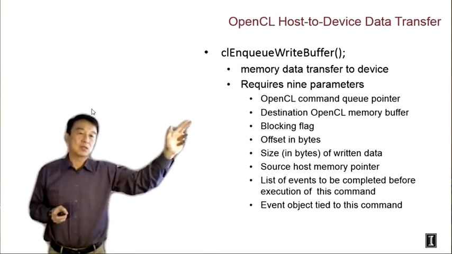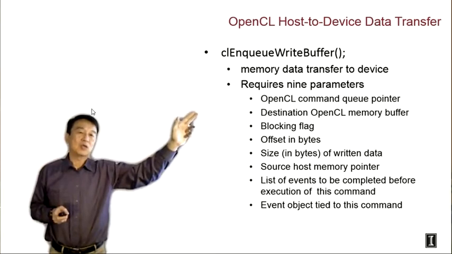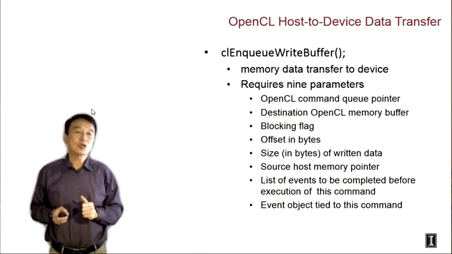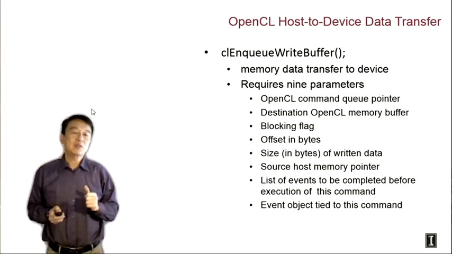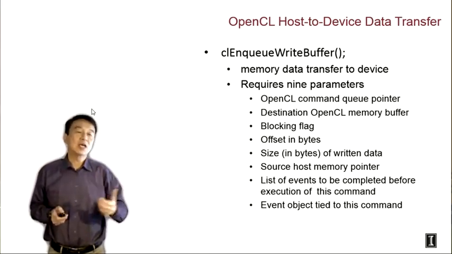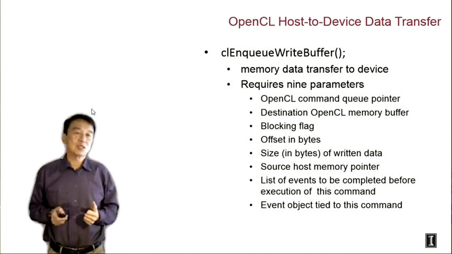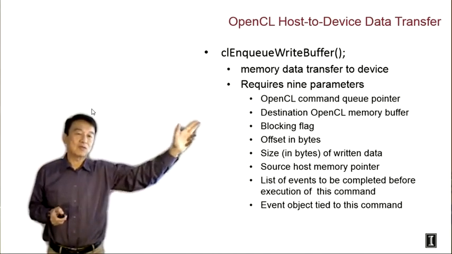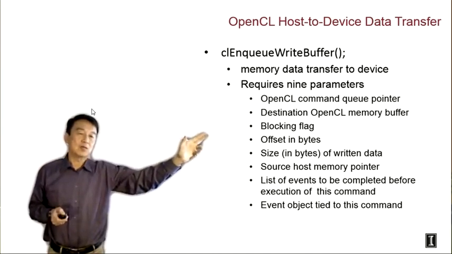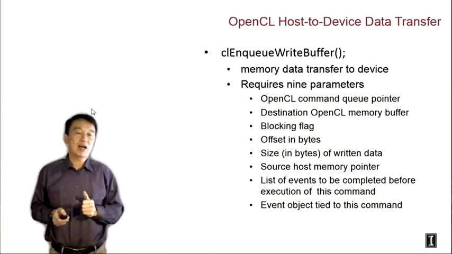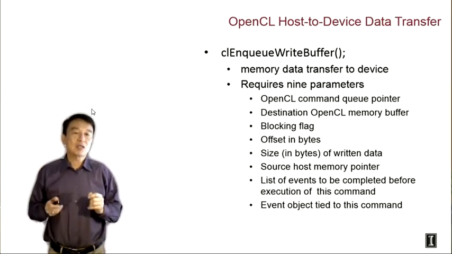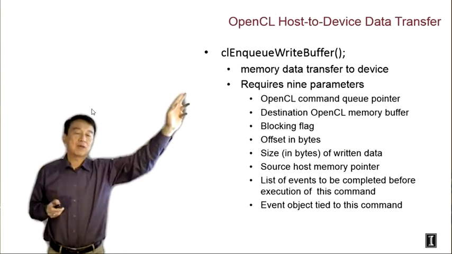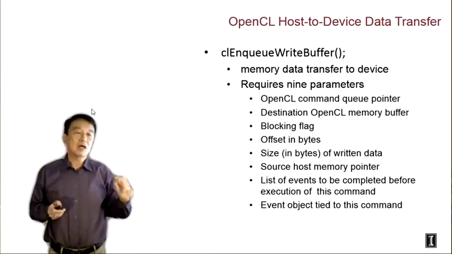This is the place where that command queue pointer can be used. The second one is the destination OpenCL memory buffer, which needs to have been created before we use the transfer function. And the third one is a blocking flag. This flag tells the runtime system whether this command is blocking or non-blocking.